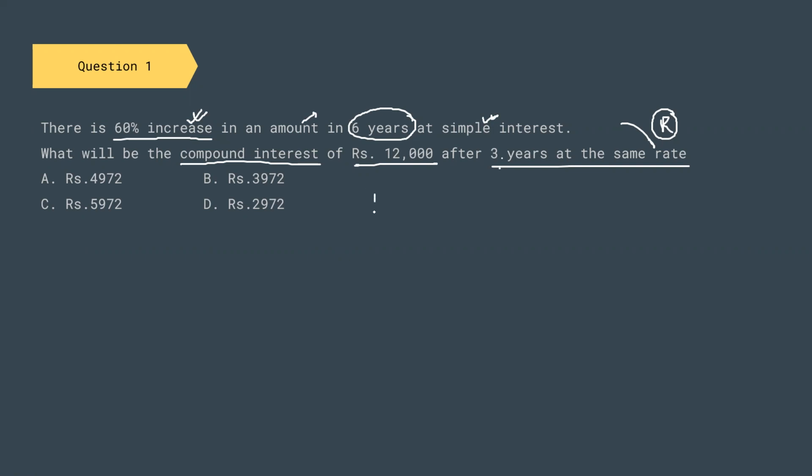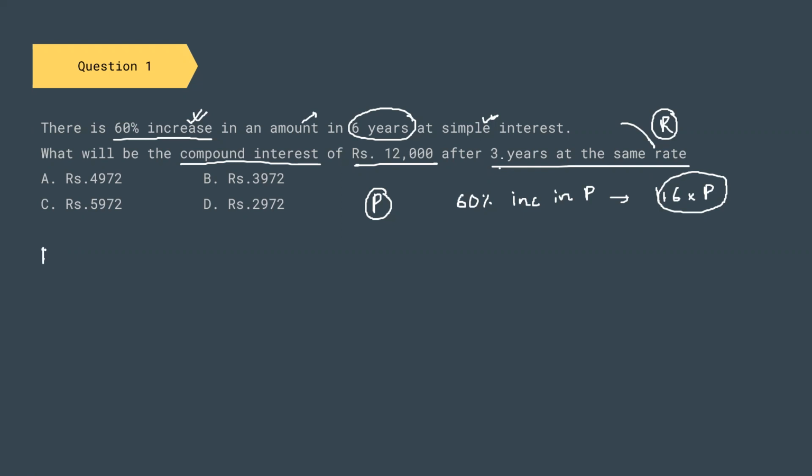Let us imagine that our principal amount is P. A 60% increase in P is equal to 1.6 into P, that is your 60% increase in your principal amount.